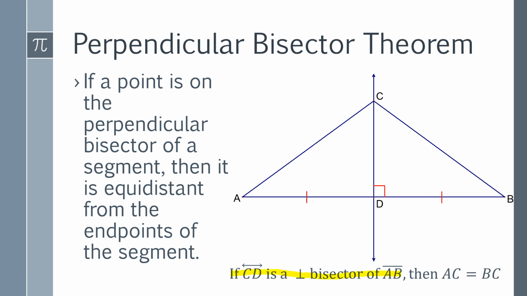Well, if that's true, then what we have here are two congruent segments. Basically, how we can prove that, we would say that because of the perpendicular bisector theorem, or the definition of a perpendicular bisector, segment AD is congruent to segment BD.